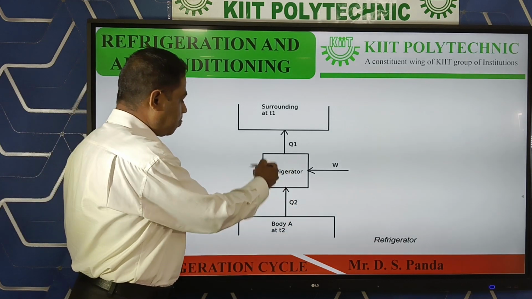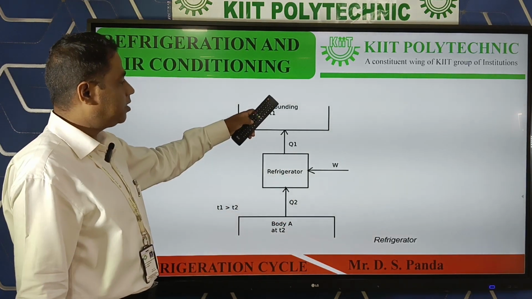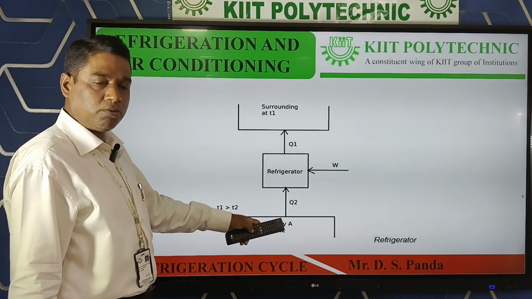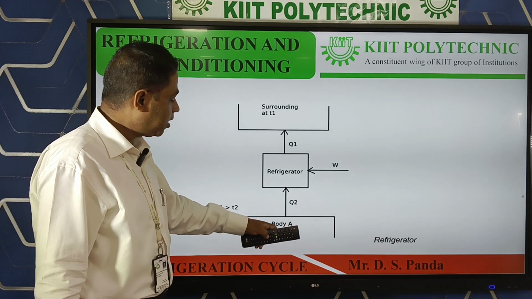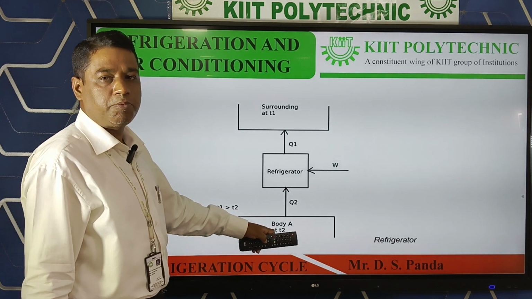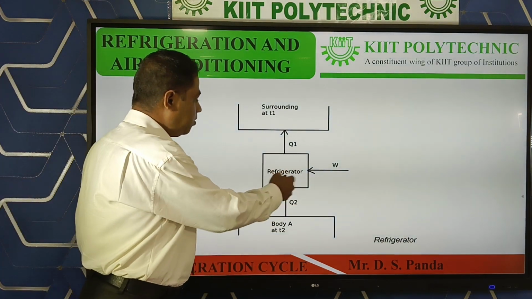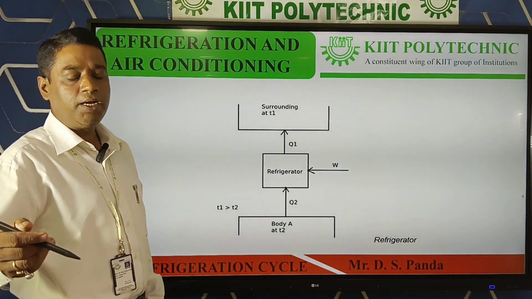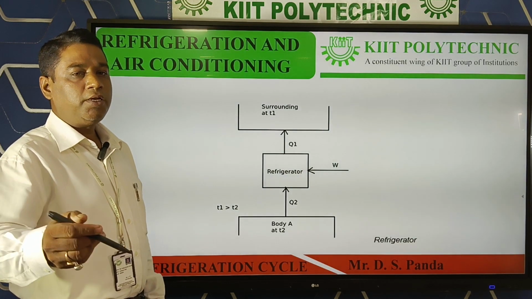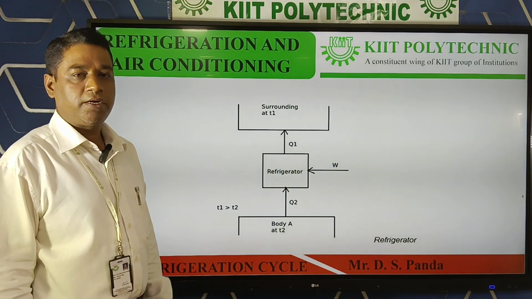In between the two temperature regions, T2 and T1, where T1 is greater than T2, still heat is flowing from the inside space of the refrigerator to the surrounding atmosphere by the application of the refrigerator. In the refrigerator, what happens? Some amount of work input is given to the refrigerant.